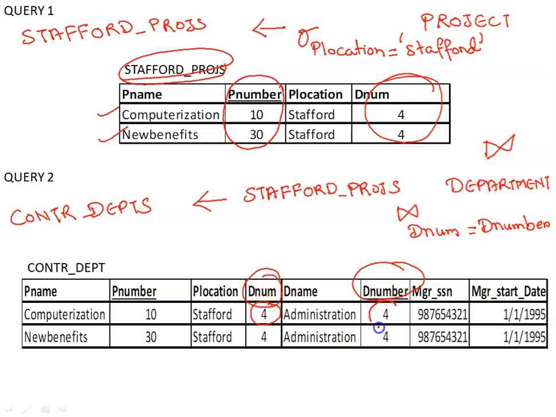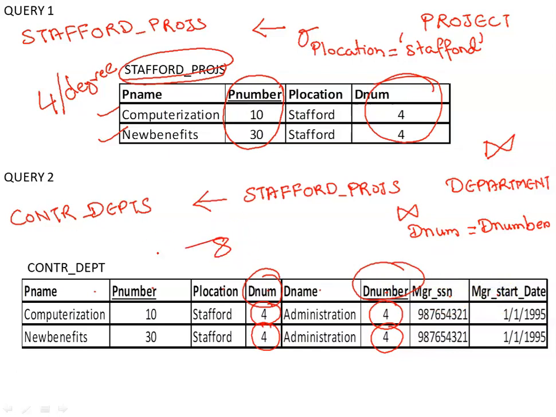So here it is 4, here also it is 4, here it is 4, here also it is 4. The degree of the Stafford projects relation is 4, and when we performed a join operation, the degree of the controlling departments relation was something else. The number of attributes over here is 1, 2, 3, 4, 5, 6, 7, 8.